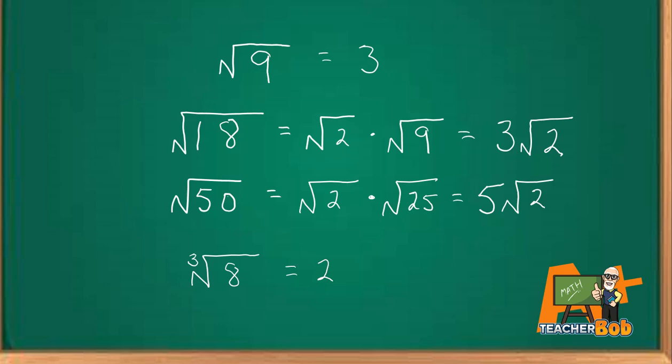Remember, this is the root symbol. This number here is called the index, and the number we're applying this level or index of a root to is called the radicand.